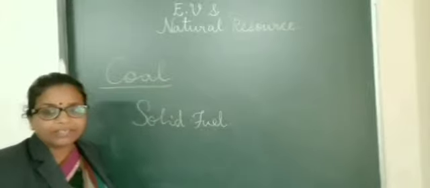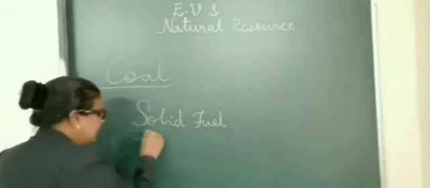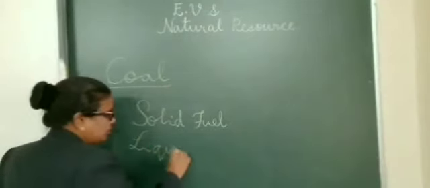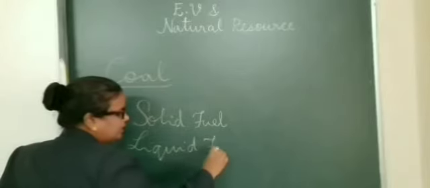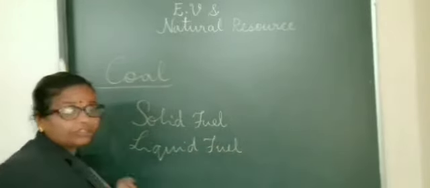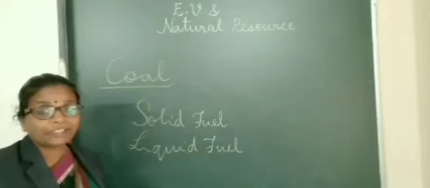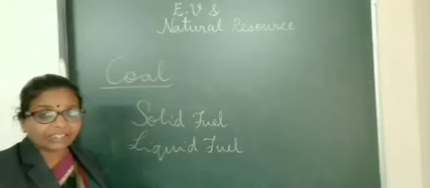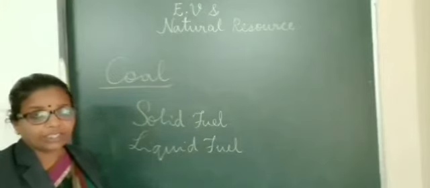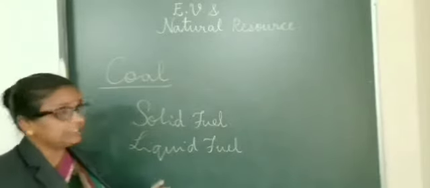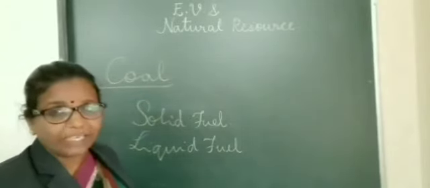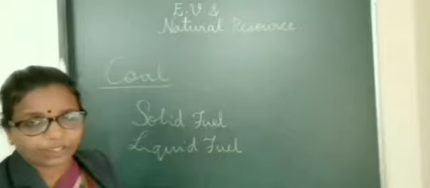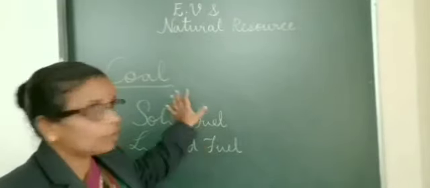And liquid fuel, what is liquid fuel, students? Petroleum. And gaseous fuel is natural gas. Now we learned about fossil fuels. The main fossil fuels are petroleum, natural gas, and coal.